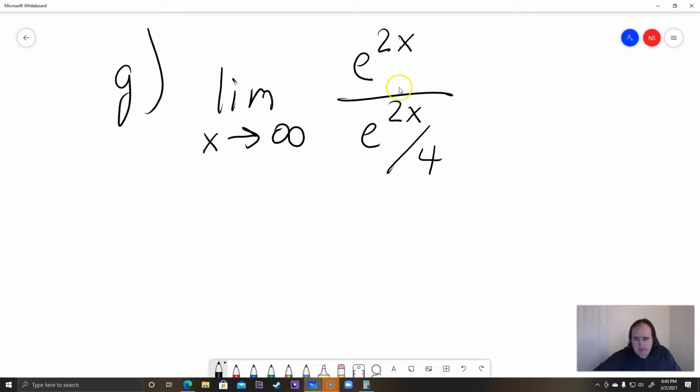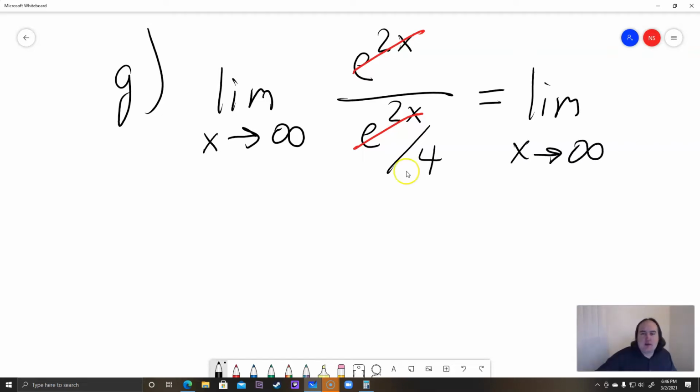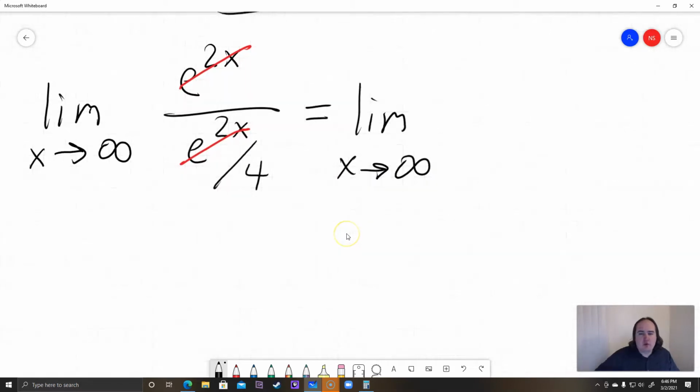So e to the 2x over e to the 2x, those cancel out. So we can just cross out the e to the 2x on the top and the e to the 2x on the bottom. Why are we allowed to do that? Well, e to the u can never equal 0. So we're not dividing by 0 here, so we're not breaking anything. So what we have here is the limit as x goes to infinity of 1 over 1/4.